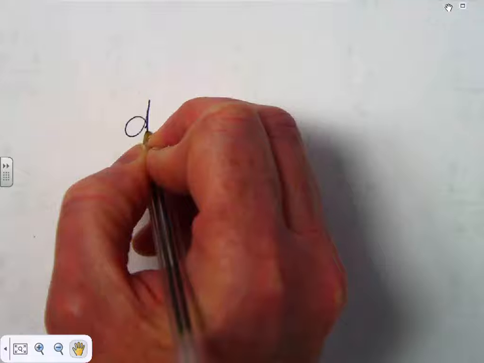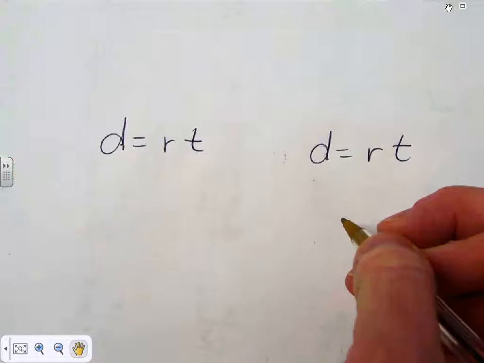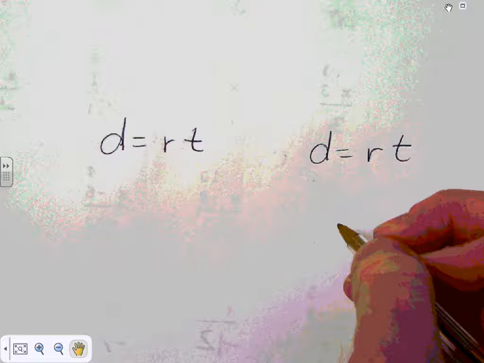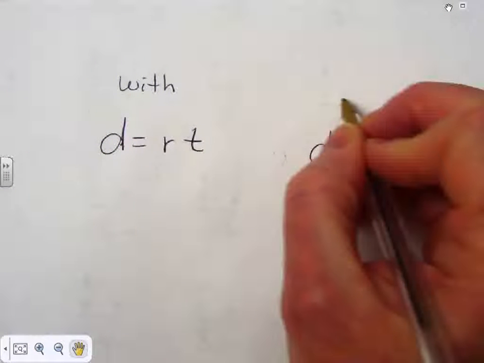You're always going to use the DIRT formula. You're going to label one with or good and one negative or bad, against. So with the wind or current and against.